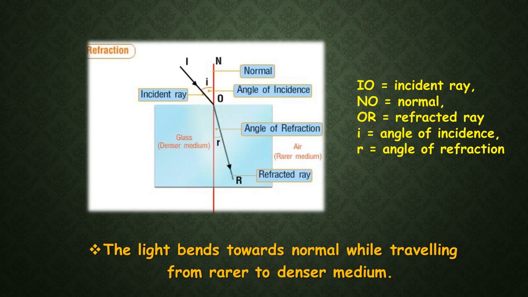But in case of refraction, the angle of refraction is never equal to the angle of incidence. One may be smaller than the other or larger than the other. Here, the angle of refraction is smaller than the angle of incidence, indicating that the ray bends towards the normal in going from medium 1 to medium 2.